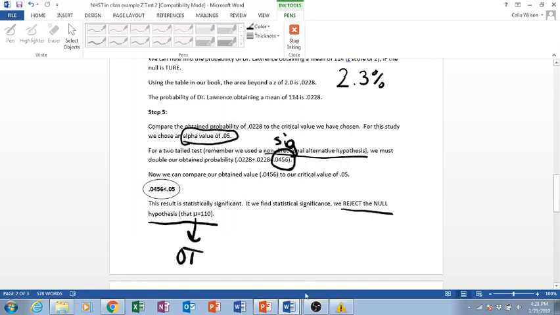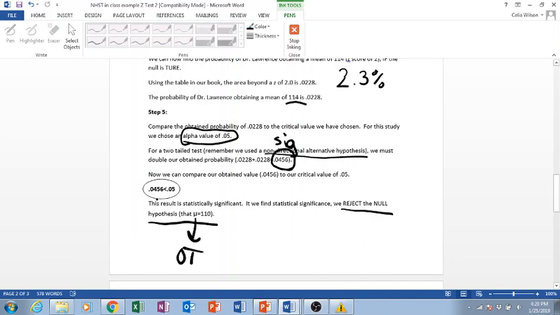All right, so let me just say it one more time, because I know it can be a little confusing with this indirect logic. So the probability of Dr. Lawrence obtaining the sample mean she obtained, which was, remember, 114. So the probability of Dr. Lawrence obtaining a mean of 114 is, well, it is this, but we know a two-tailed test, we've got to double it, is this.